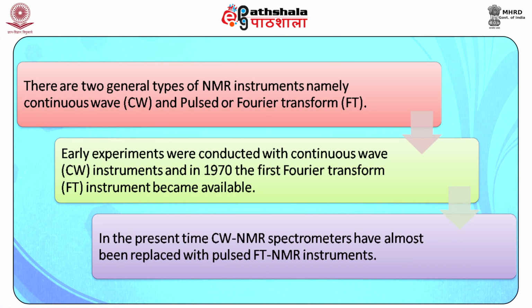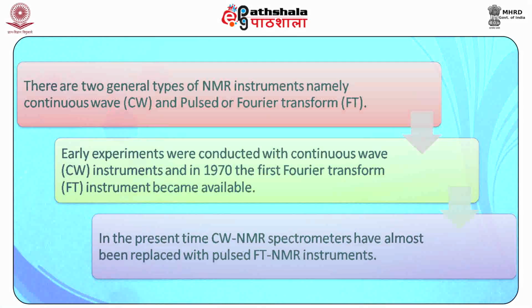There are two types of general instruments for NMR, namely continuous wave, that is CW in short, and pulsed or Fourier transform, FT in short. Early experiments were conducted with continuous wave instruments, and in 1970 the first Fourier transform instrument became available. At present, CW NMR spectrometers have almost been replaced with pulsed FT NMR instruments.